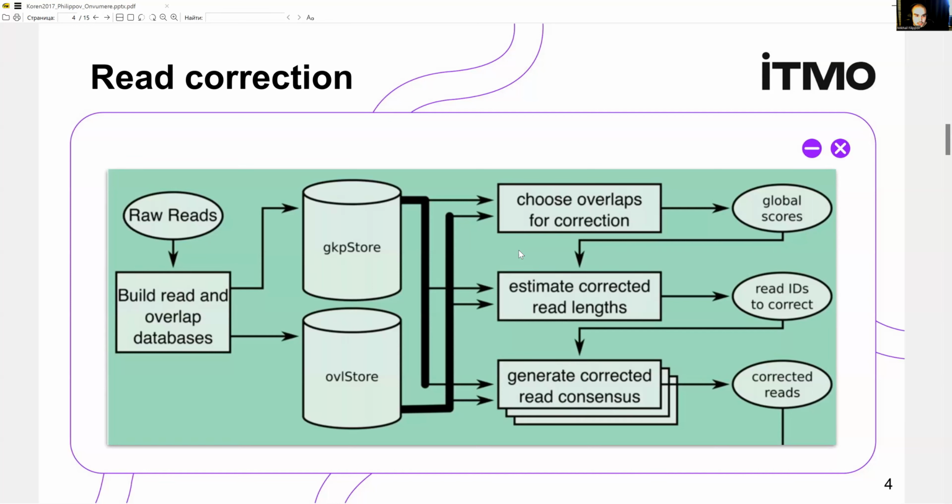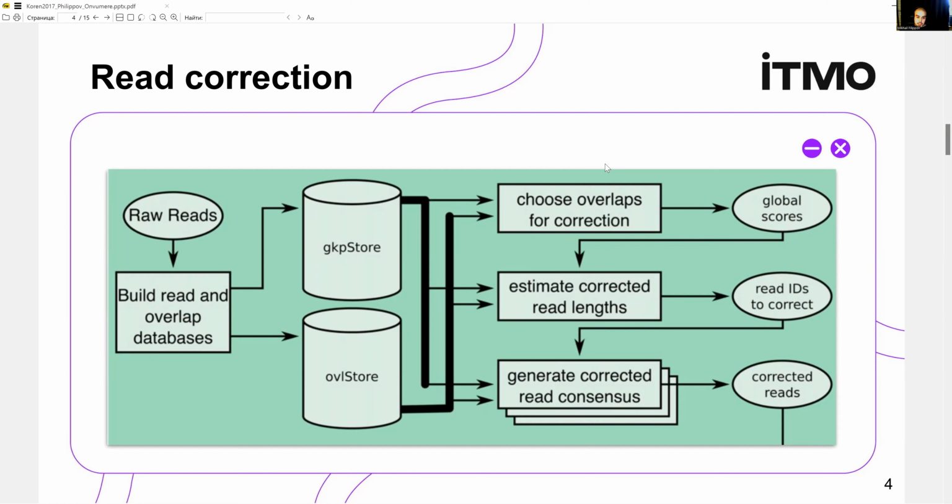Starting with read correction. Read correction in Kano is based on detected overlaps between reads, but overlap detection itself is a very computationally intensive procedure. There can be hundreds of millions of k-mers in the human genome, and to perform all versus all alignment, you'd need the square of hundreds of millions of operations.